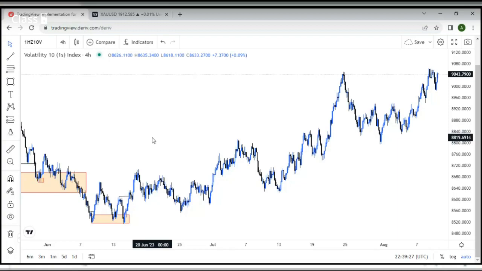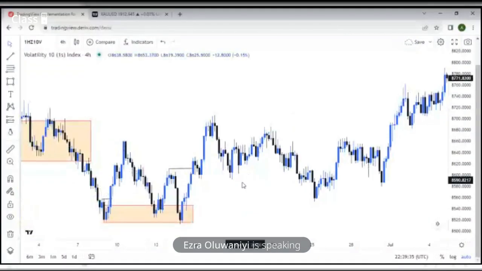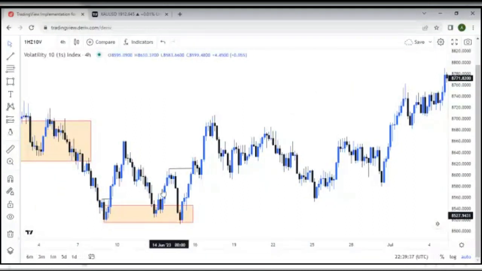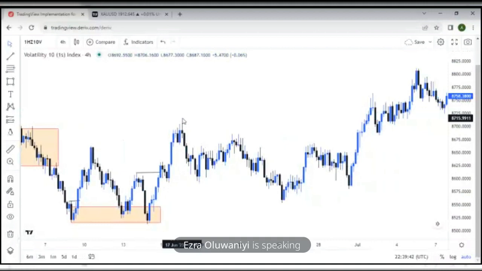The zone was marked on weekly, but because TradingView doesn't have weekly, I use H4 to do this. So this was a break of structure. Price kept going higher. As soon as price broke up, I told you the areas you look out for are areas of inducement close to structural break.